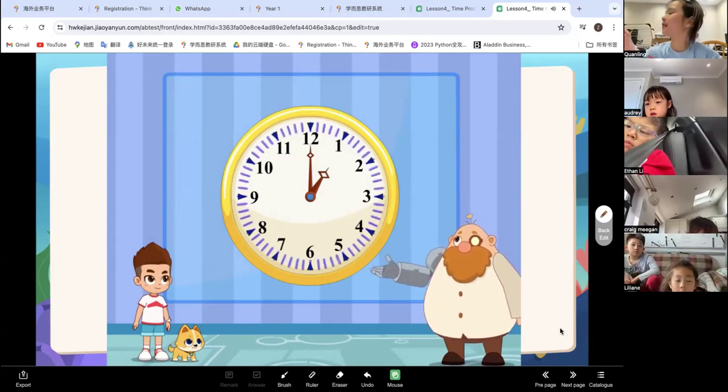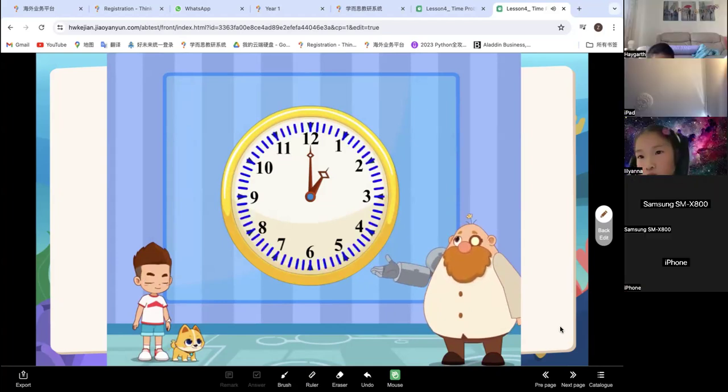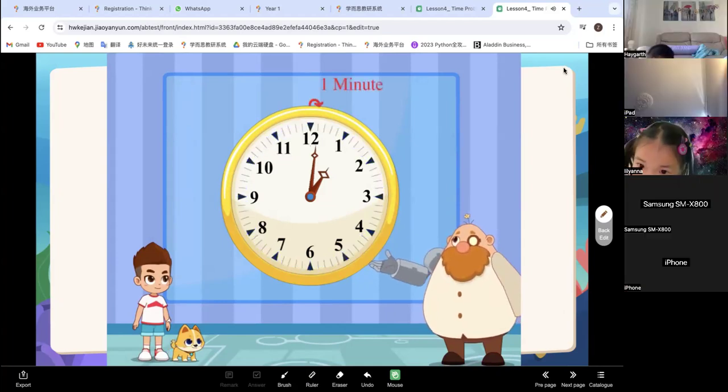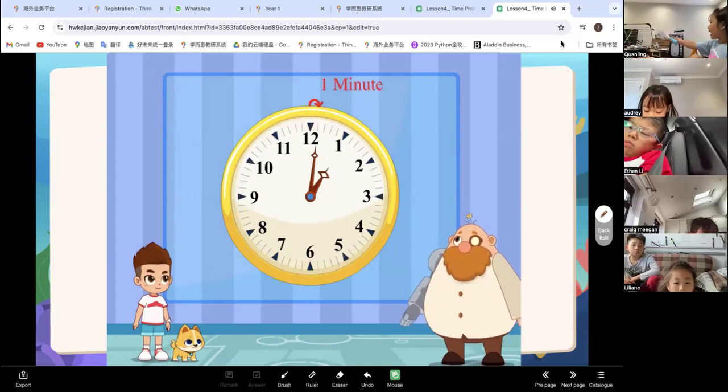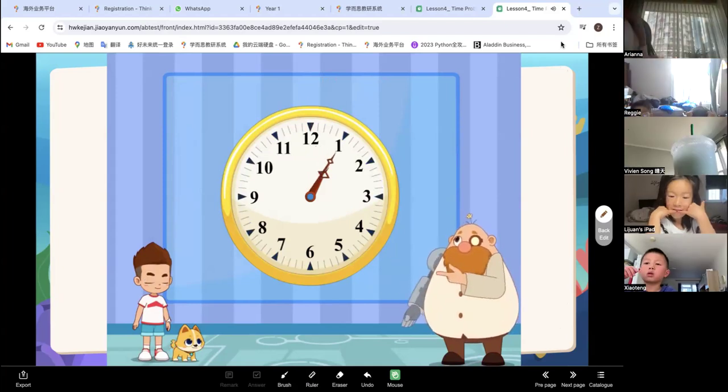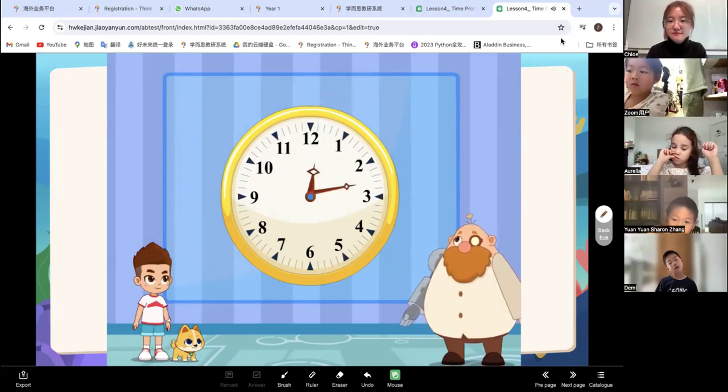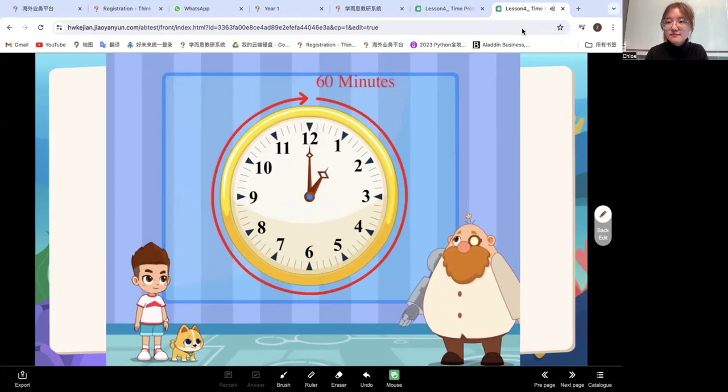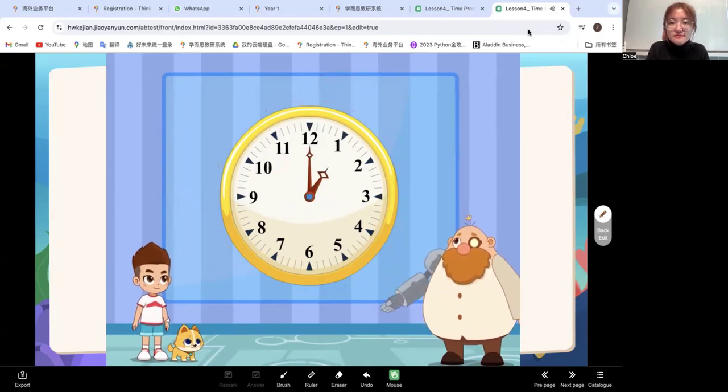So there are 60 small sections on the clock. The minute hand moves one small section in a minute. And it moves one big section in 5 minutes. One complete rotation of the minute hand is 60 minutes. At this point, the hour hand had got exactly one big section.